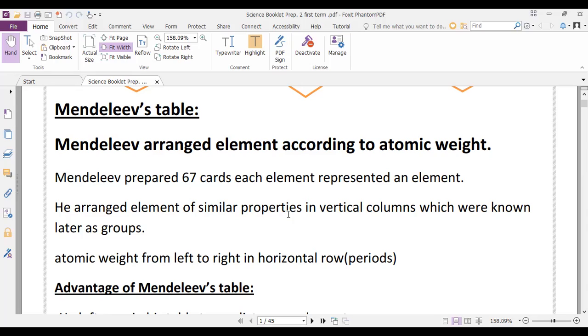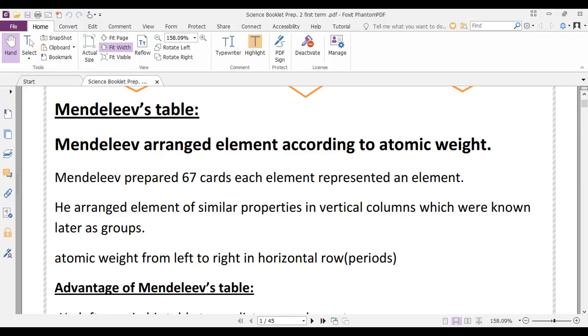There is a difference between column and period. So he arranged elements of similar properties in vertical columns, known later as groups, while atomic weight from left to right in horizontal rows was called period.